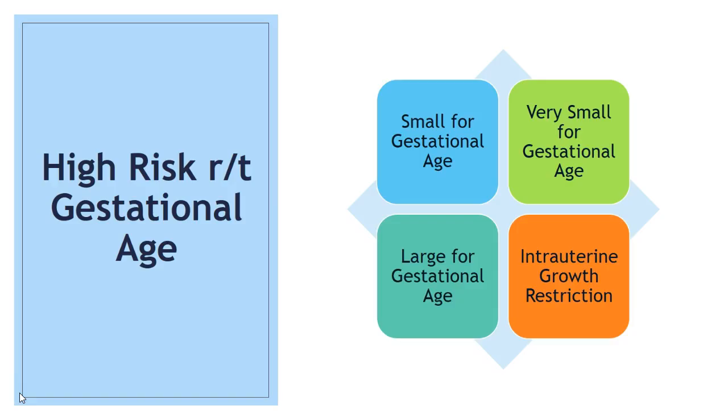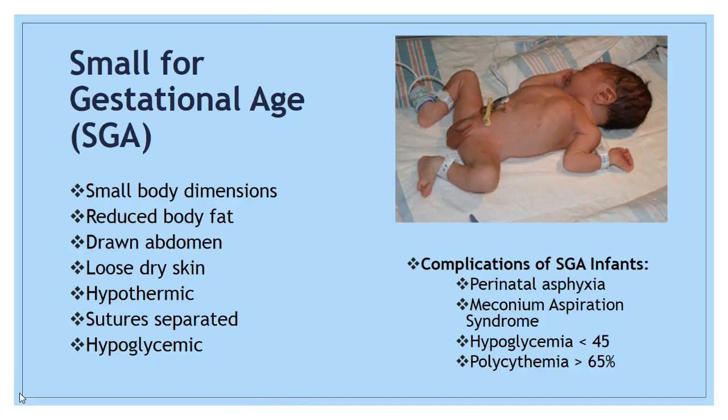So when we think about high-risk newborns related to gestational age, there are four sort of categories that we think about. We think about small for gestational age babies, very small for gestational age, large for gestational age, and then babies who have intrauterine growth restriction. Our small for gestational age babies have very small body dimensions.